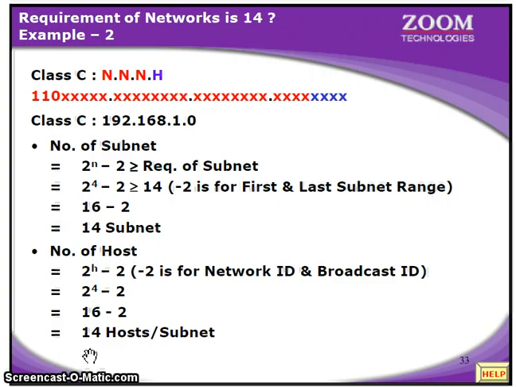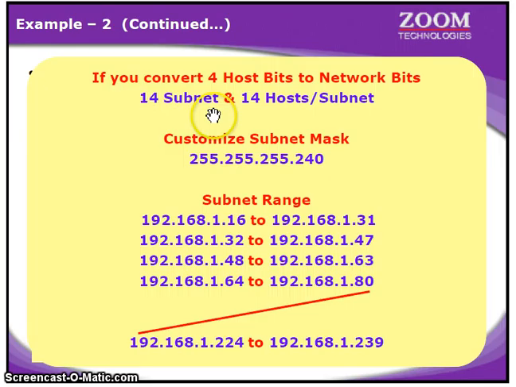So in this scenario we will have 14 hosts per subnet. So now for 14 subnets and 14 hosts per subnet, we have to convert 4 host bits to network bits. So the customized subnet mask becomes 255.255.255.240, and the 14 subnet range will be as follows, which are shown below.